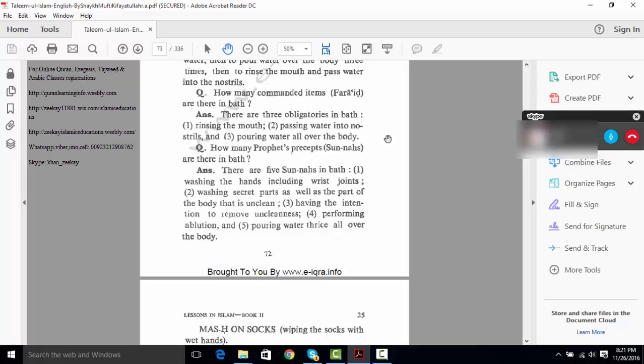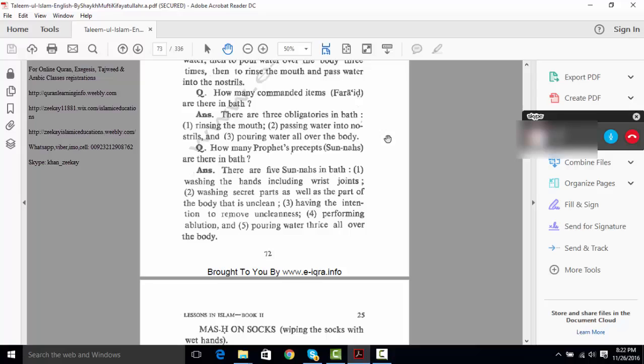Understand? So these three things are important if you are having your bath from Hadse Akbar or major uncleanness. You need to do these three things. If you miss any one of them, your bath will not be considered as completed, as valid. Then, if you pray with that bath, with the ablution after that bath, your salat, your namaz will also not be considered as valid.